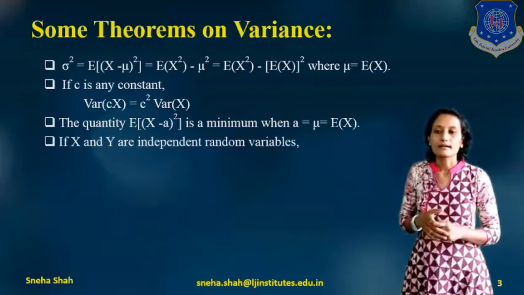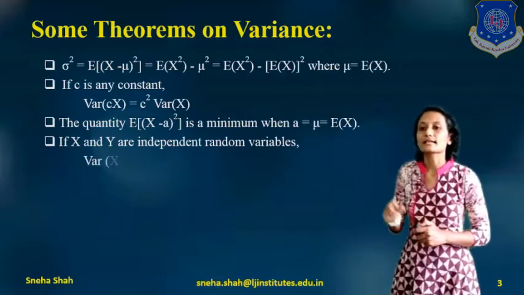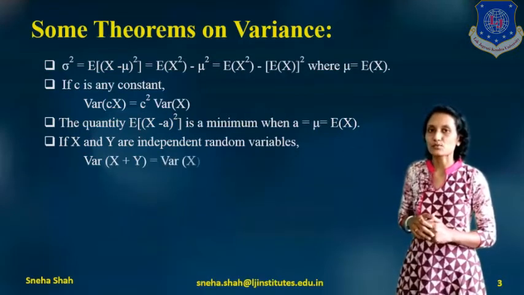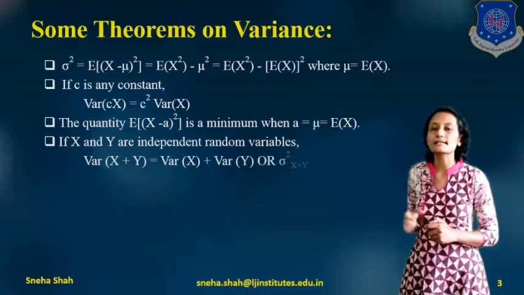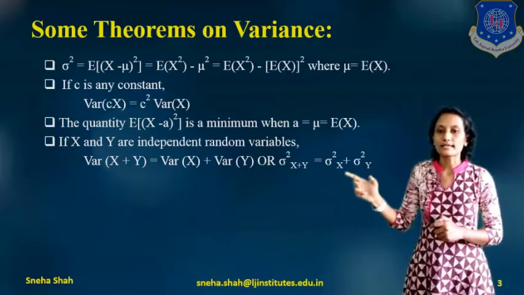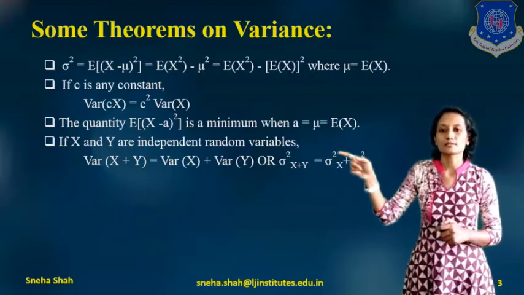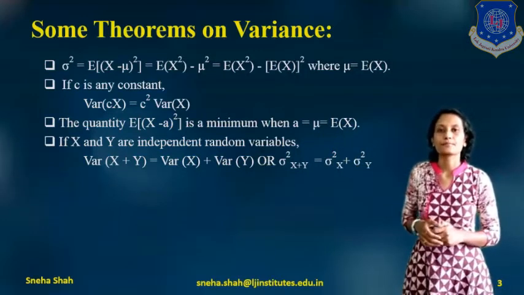The next theorem is if x and y are independent random variables, then variance of x plus y equals variance of x plus variance of y, or sigma x plus y square equals sigma x square plus sigma y square.